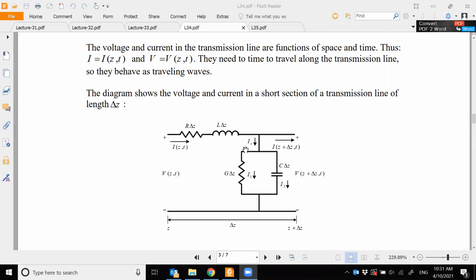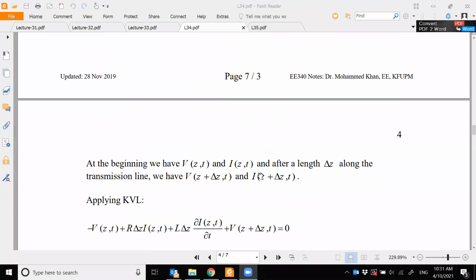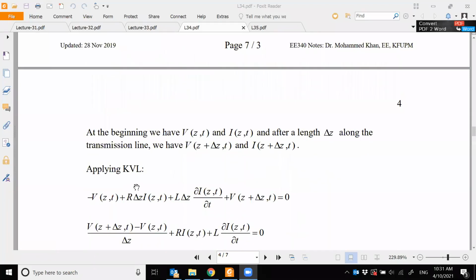So now, rather than going to the electromagnetic theory, we can try to solve it with much simpler distributed element circuit theory. So again, we are starting with Kirchhoff's voltage law.